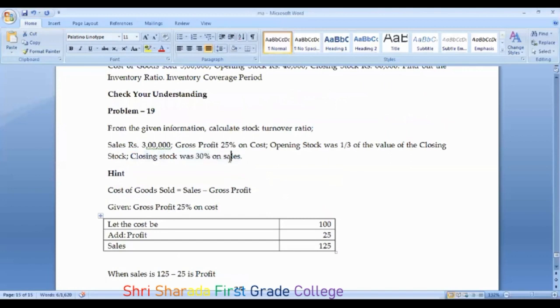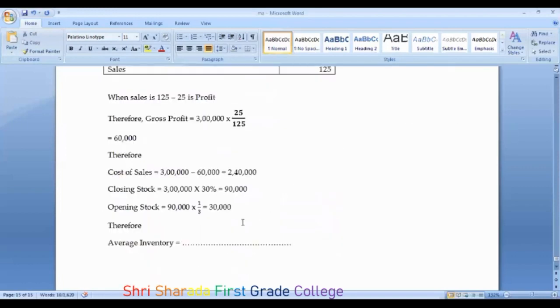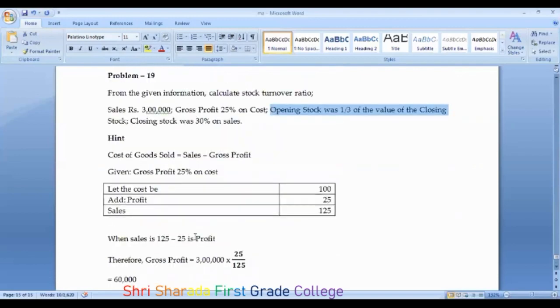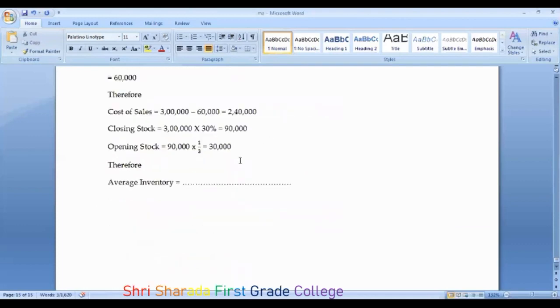So now with the hint of this, they have told you opening stock was 1/3 of the value of closing stock. So find out the closing stock, then apply 1/3 value, which gives you 30,000. So therefore, average inventory. You are required to find out the stock turnover ratio, or it is also nothing but the average inventory.